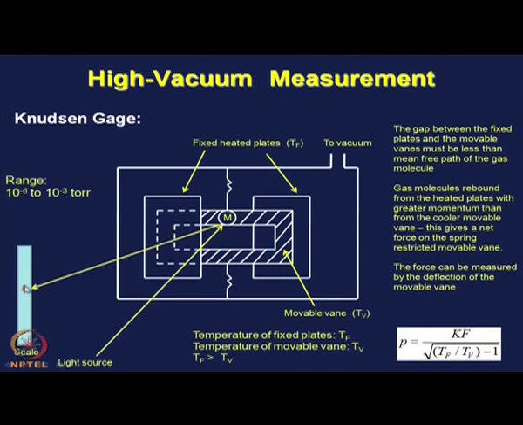From the reflection of a spot of light on this scale, I can measure the deflection of this movable vane, and then from the knowledge of the deflection I can measure the force acting on the movable vane. So, if I know the force, I can make use of this formula to determine the pressure, where K is a constant, F is the force, Tf is the temperature of the fixed plates, Tv is the temperature of the movable vane.